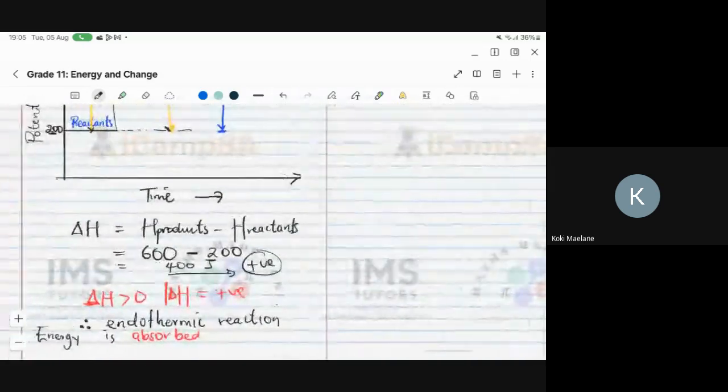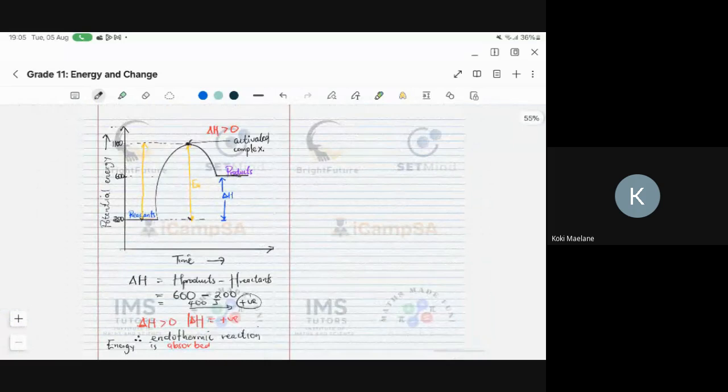So usually you'll find that moving, okay, let's say moving from reactants to products. If you move from reactants to products, we call this a forward reaction.